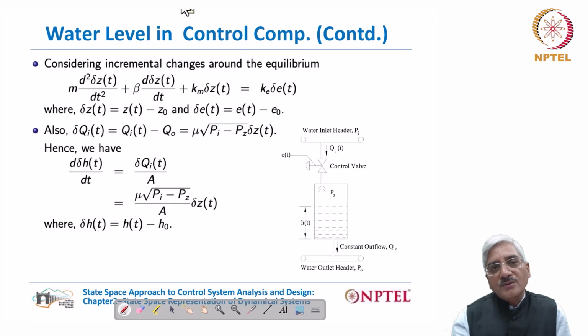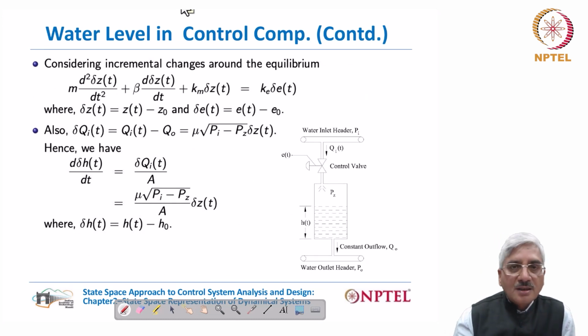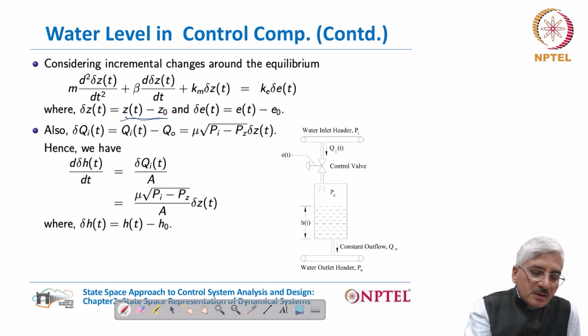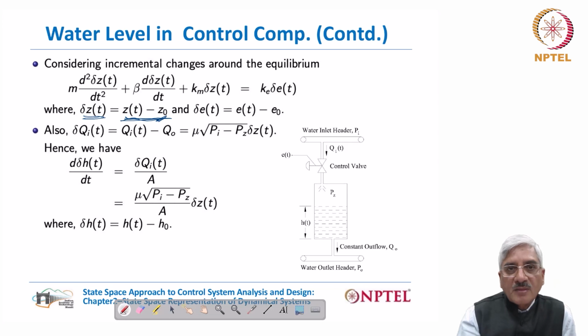Now we try to linearize the system by considering incremental changes around the equilibrium operating point. So the first thing we do is we assume that the control valve moves relative to its equilibrium position Z0. So the incremental change in position is delta Z, which is Z(t) minus Z0.